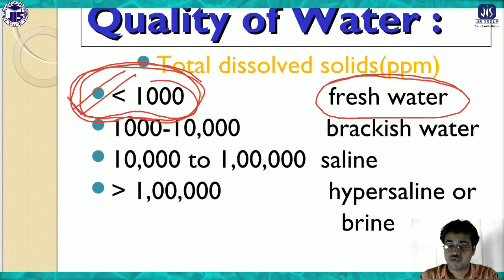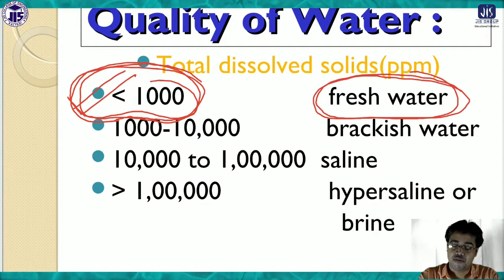In fresh water there is obviously some amount of TDS, and some kinds of ions are very much required for our body also.